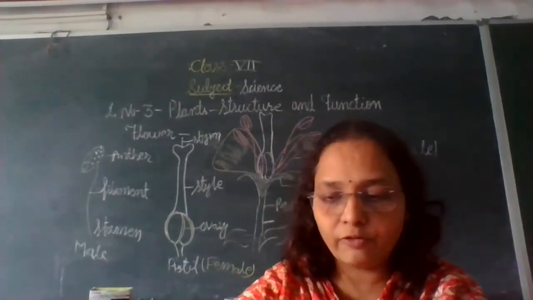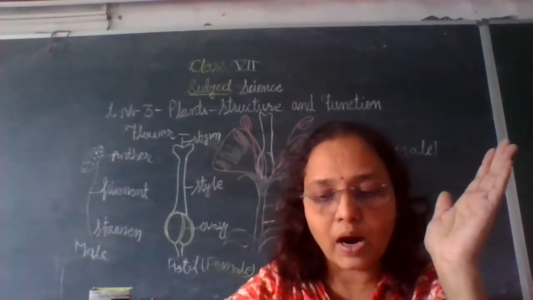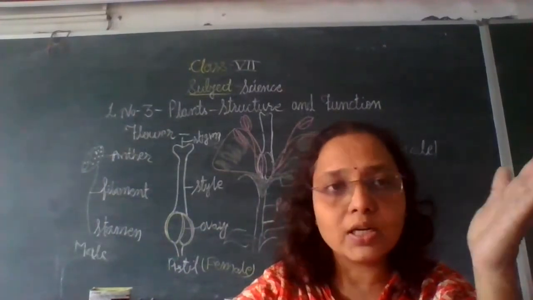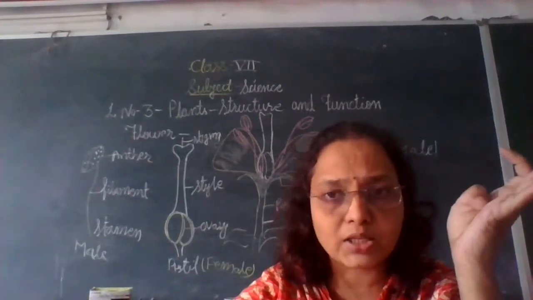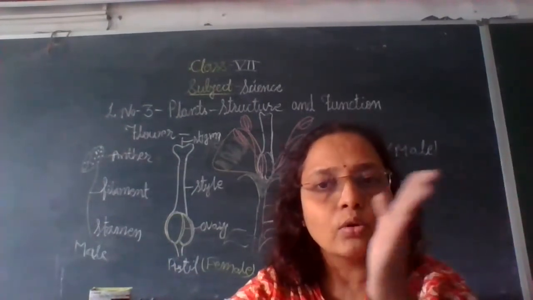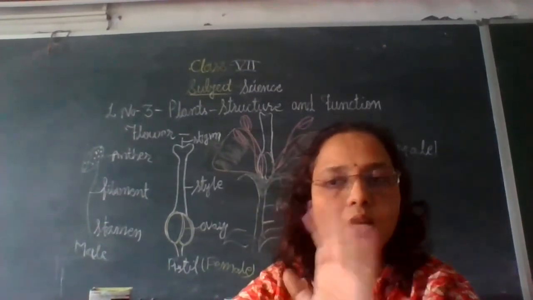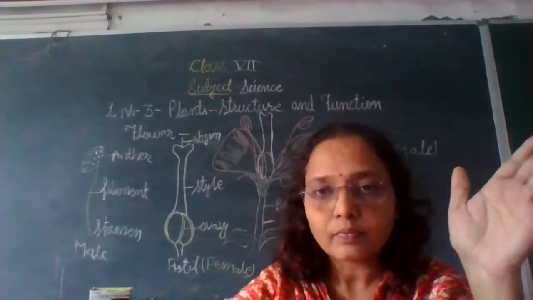And the seeds which do not divide into two equal parts, such as wheat, rice, jowar, maize and bajra, are monocotyledonous seeds. They do not divide into two similar parts, so they are monocot seeds.